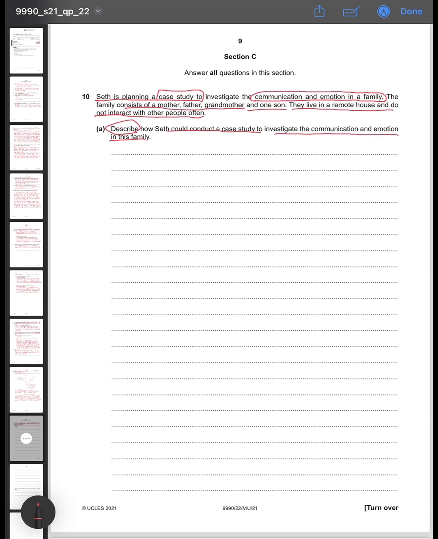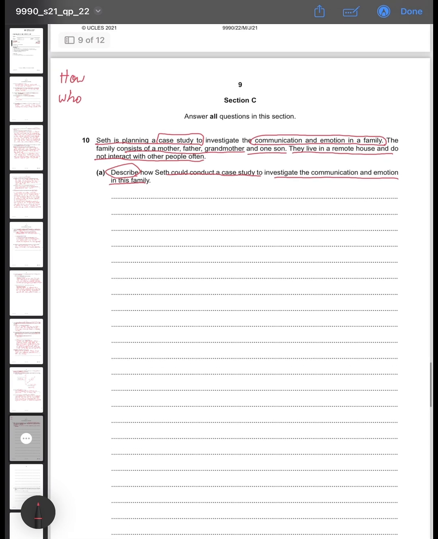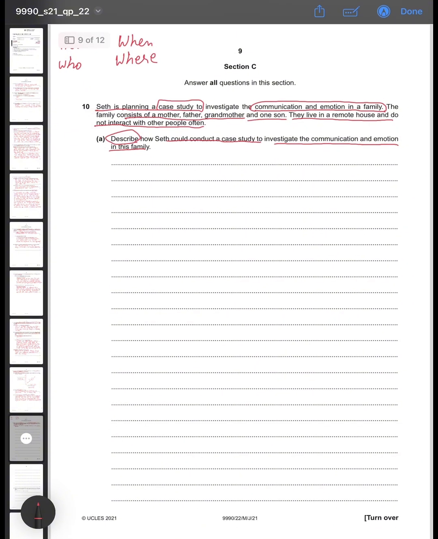So for designing a study, we know that there are a few major and a minor questions. So the major questions are how, what, how, who, and when and where are the minors. I'm going to write this answer in points. You guys obviously need to write it in full paragraph form.